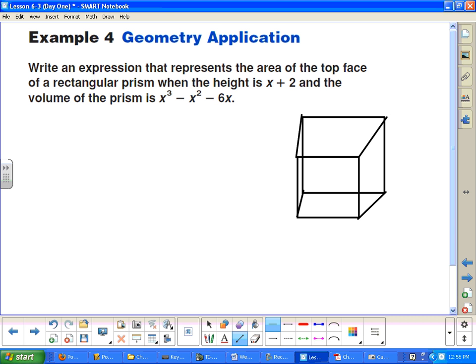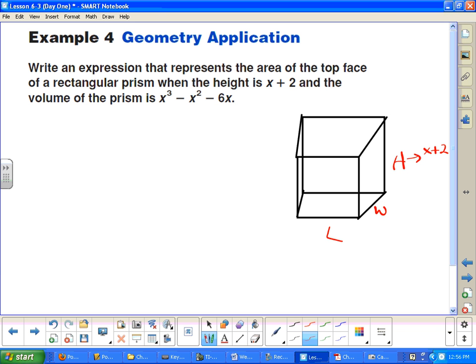Okay, there's a box. Not a very good one, but it'll work for our purposes, hopefully. So here's a length, width, and height. And they tell me that the height in this case is x plus 2.